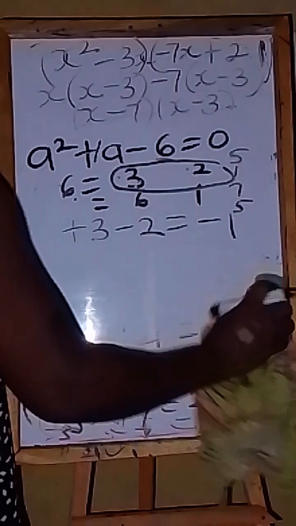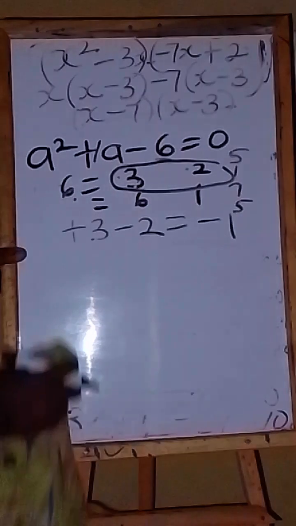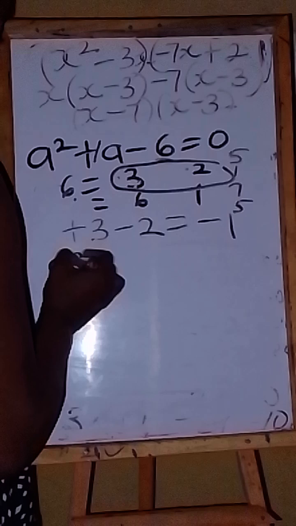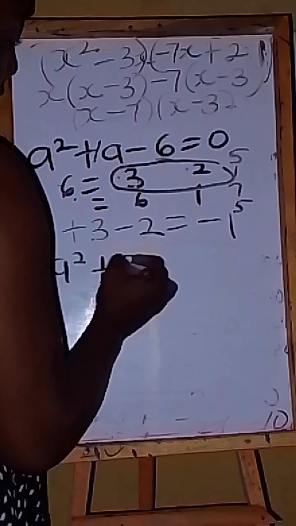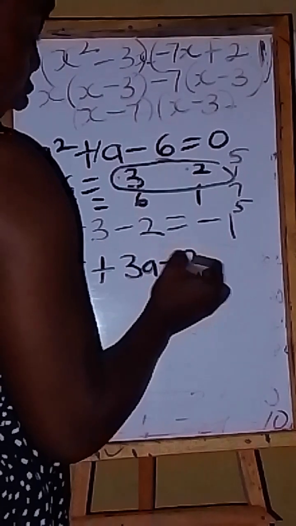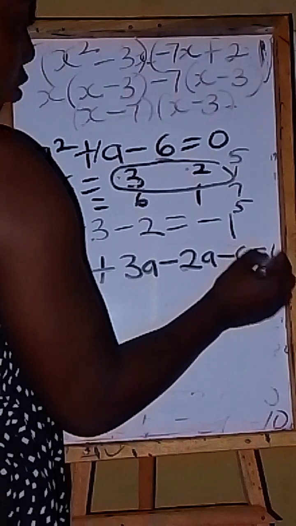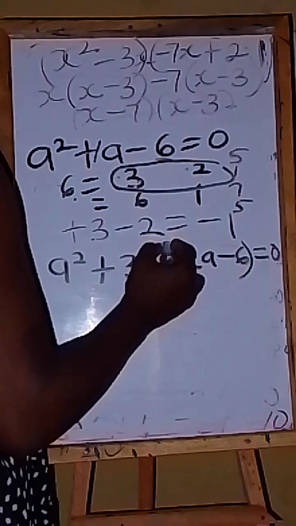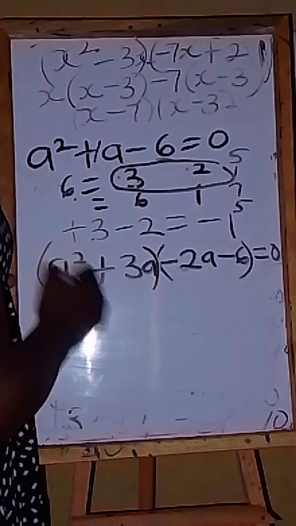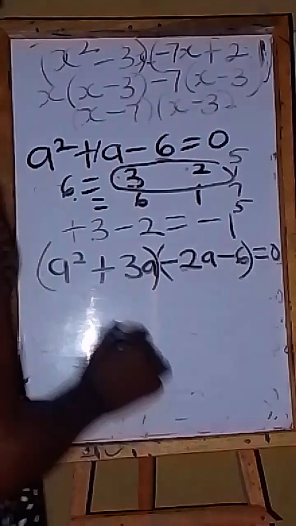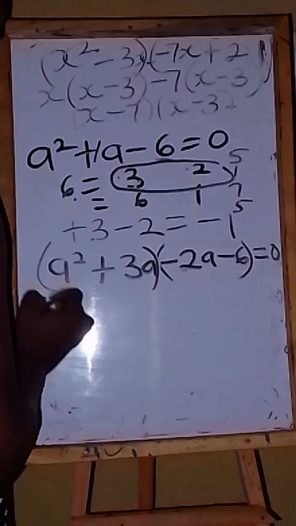So what do we do here? We come here, we have a squared plus 3a minus 2a minus 6 equals to 0. So we bracket it. What do we have in common here? a.